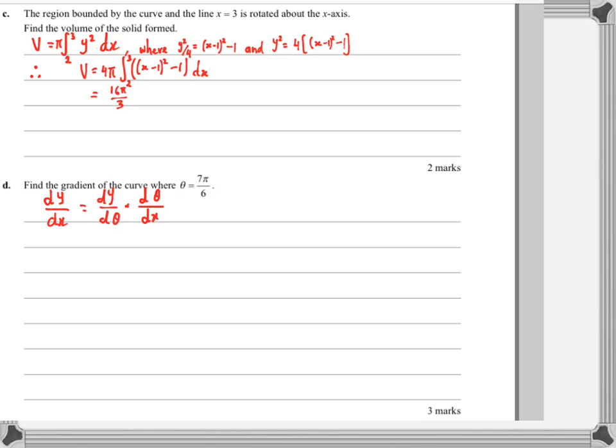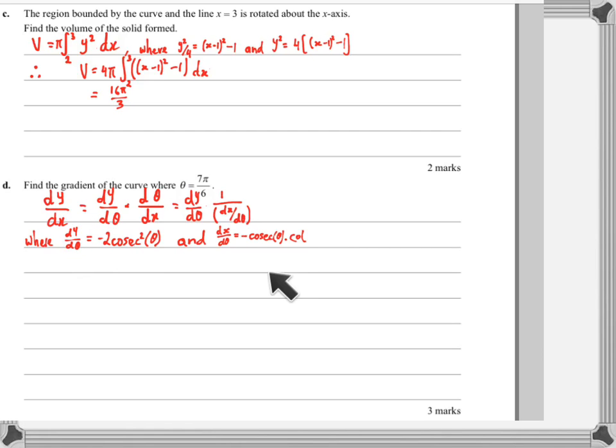Now this second one, d theta/dx, is simply the reciprocal of dx/d theta. So we differentiate the first parametric equation with respect to theta and take the reciprocal of it. That's what we're going to be doing. So let's find that. dy/d theta is given by this, which is taken by differentiating the cot function.